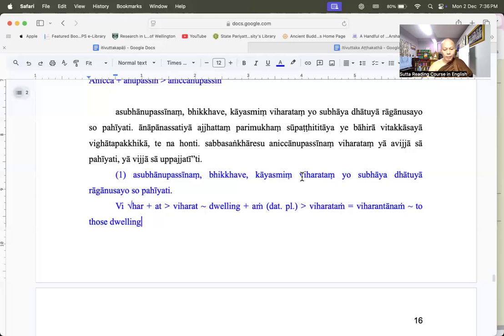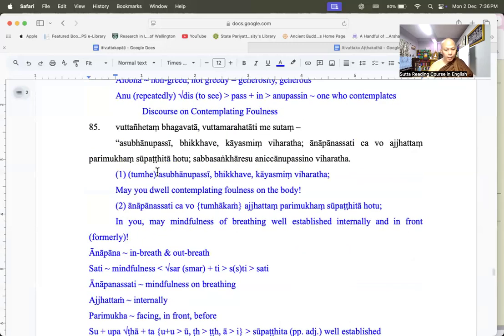The viharatam is then modified by Asubhanupassisu. Here you see nam, the secondary form is nam. That is why, and here kaye also is changing from the first line, Asubhanupassi kaye viharata, but now viharatam is used as a modifier, that is why its modifier is Asubhanupassisu.